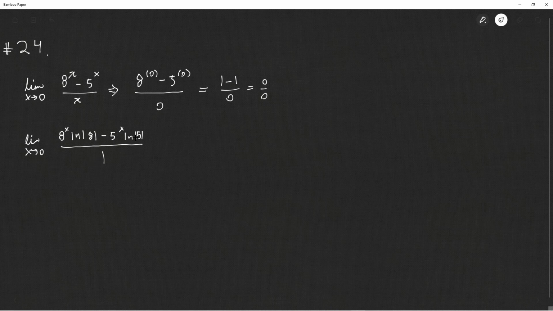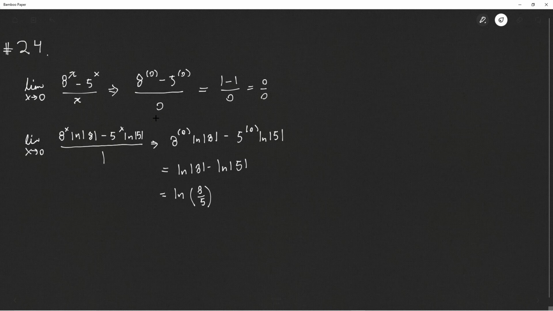So now when we plug in our 0, we can ignore the denominator since it's just equal to 1, and this will give us 8 to the power of 0 ln of 8 minus 5 to the power of 0 ln of 5. 8 to the 0 is just 1, and 5 to the 0 is just 1, so this will just give us ln of 8 minus ln of 5, which simplifies to ln of 8 divided by 5.